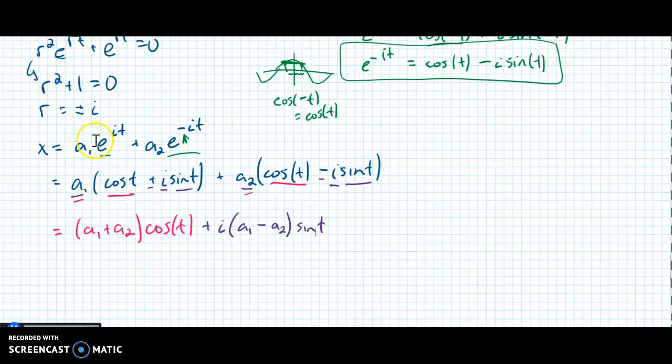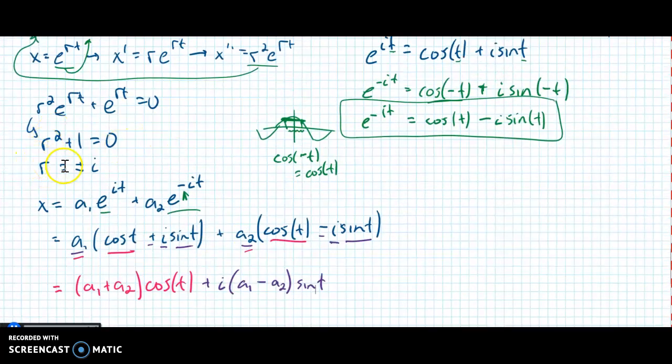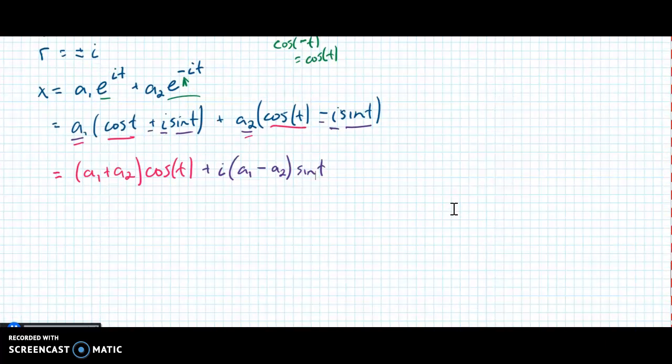Now, you may say, this doesn't help, because I still got this i here. Wasn't the whole point of converting it with Euler's formula to get rid of imaginary numbers? Look, I still got this imaginary piece right here. Well, if you are careful about what you let A1 and A2 be, then, I got distracted.